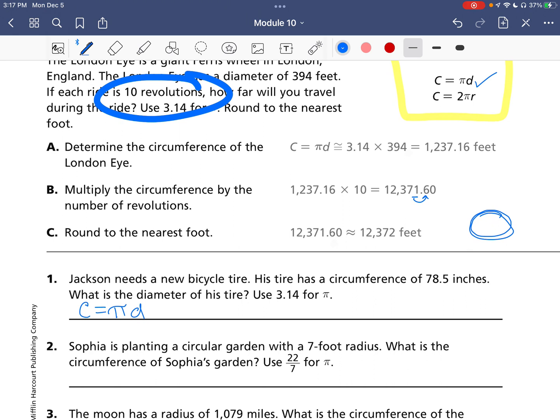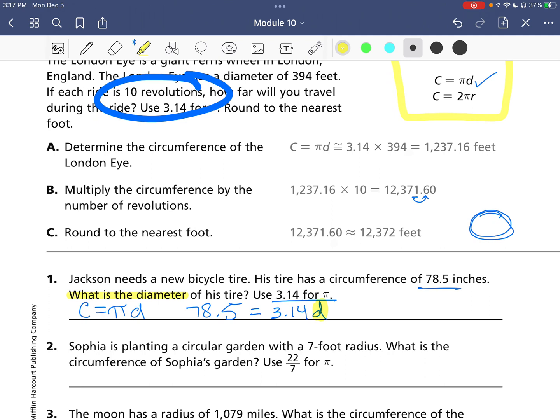And we're going to plug in what we know. The circumference, 78.5, equals, and then we need to use 3.14 for pi, times diameter. And that's what we're trying to figure out. So that's our question. What is the diameter?